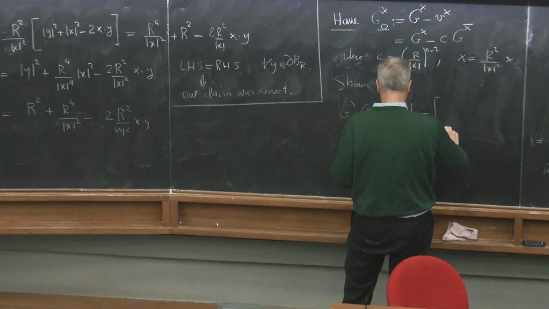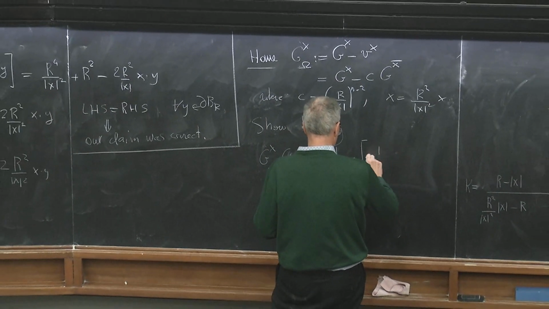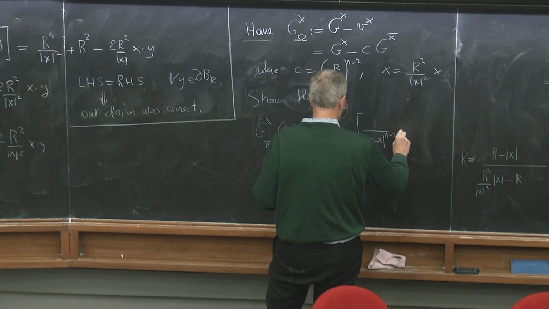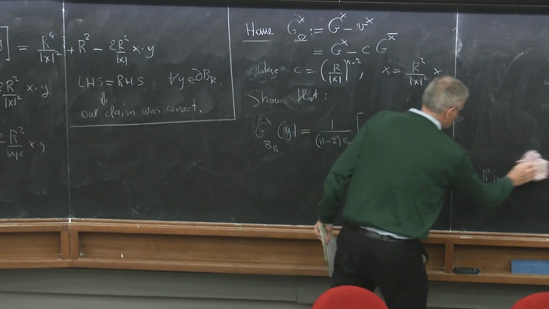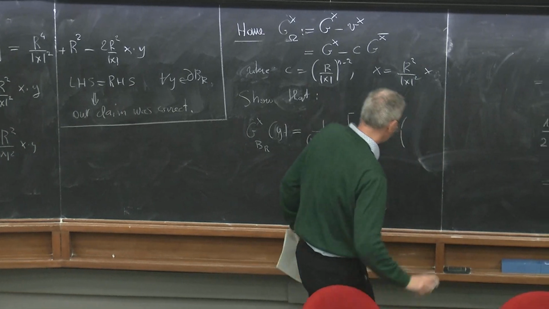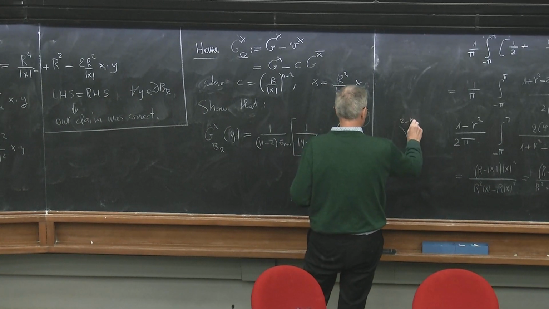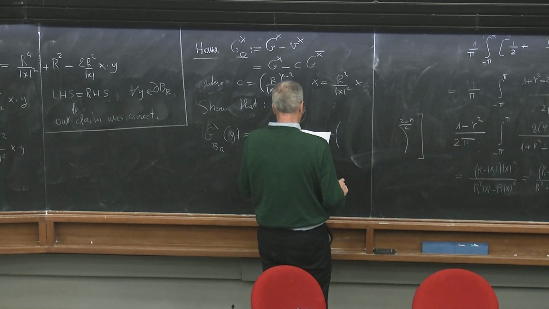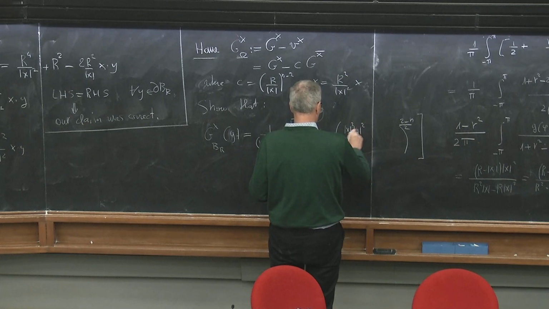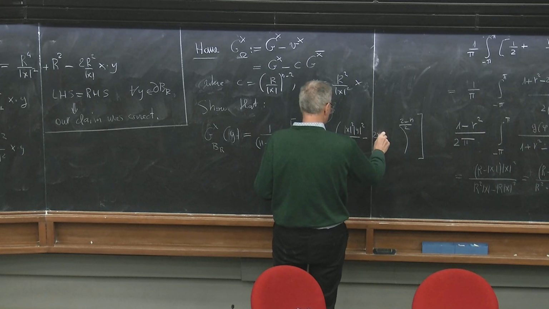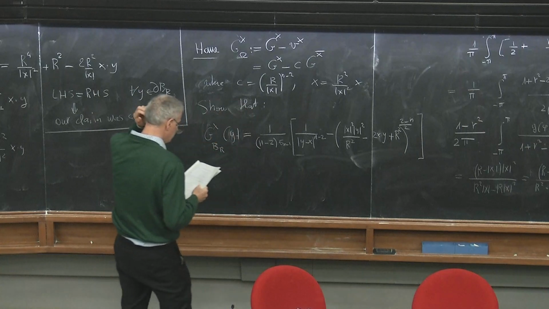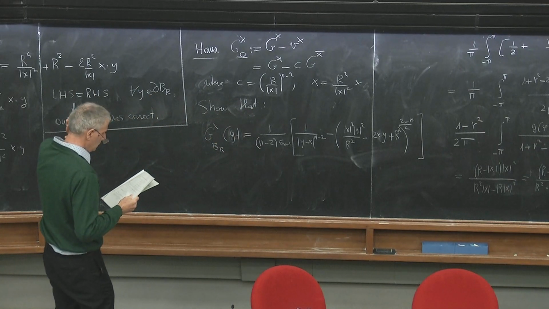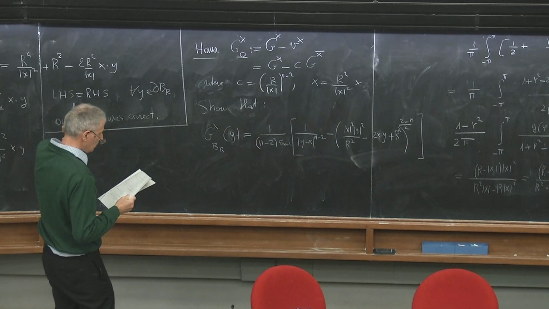But more interestingly, we have this 1 divided by y minus x to the n minus 2 minus x squared y squared divided by r squared minus 2 scalar product x with y plus r squared. Check. 2 square.